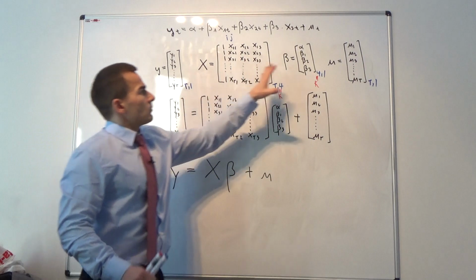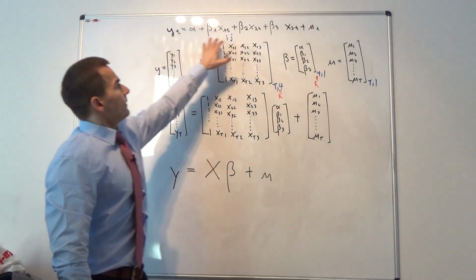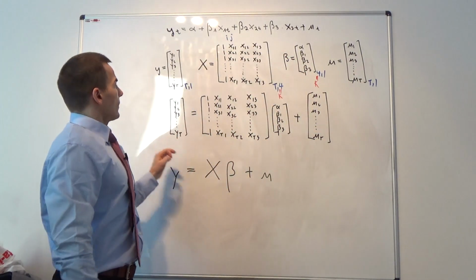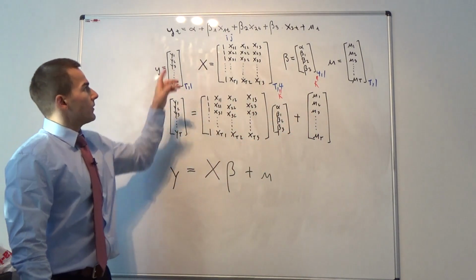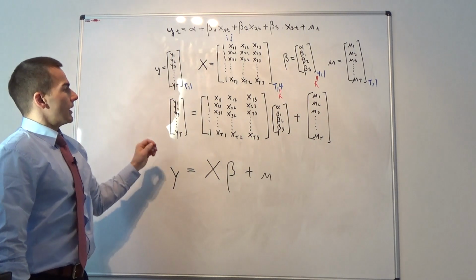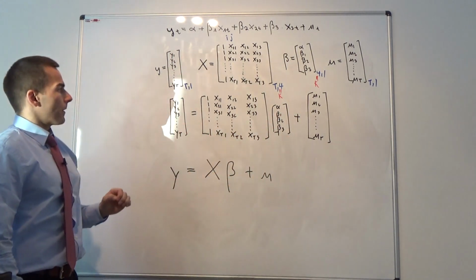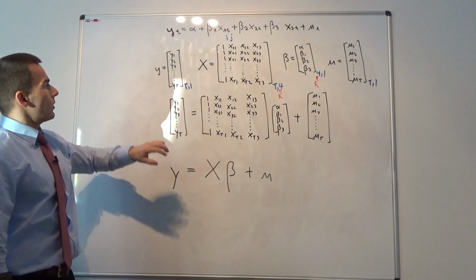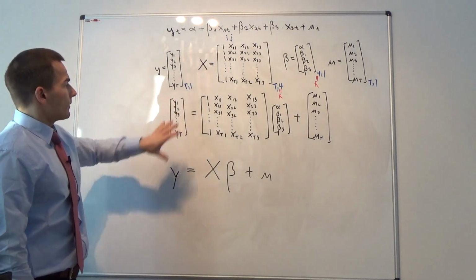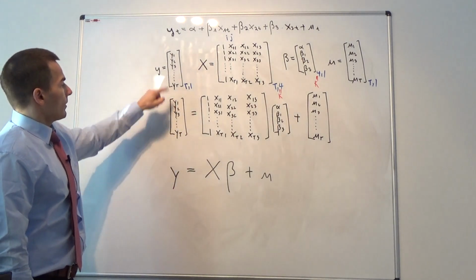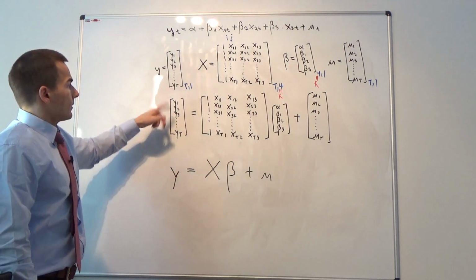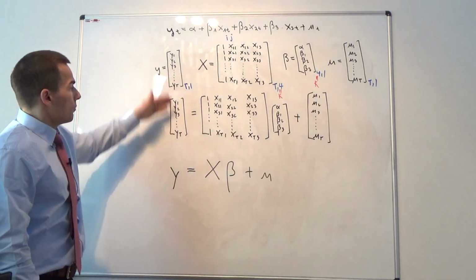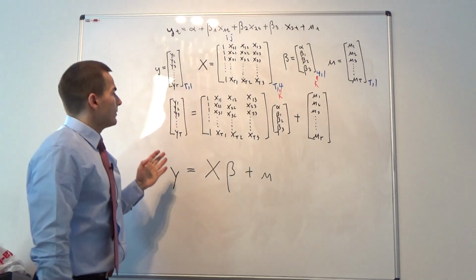So we can now translate our single equation model into matrix notation. This is what follows here. On the left-hand side we have our T by 1 vector that captures the evolution of our dependent variable.